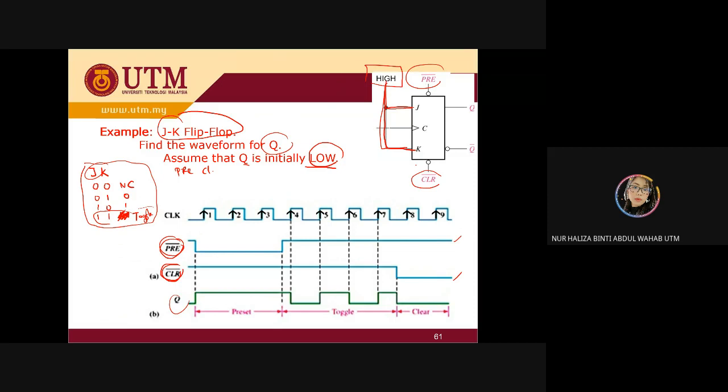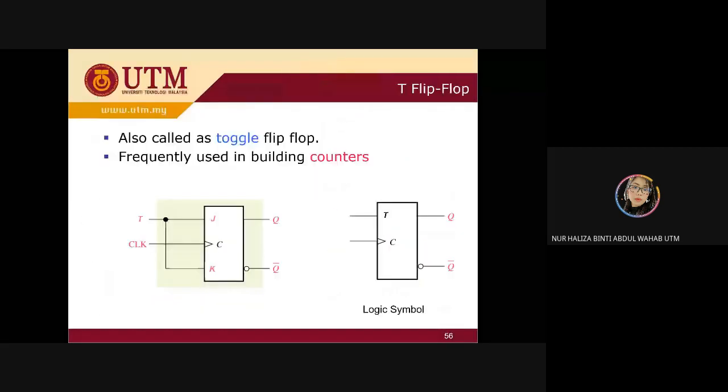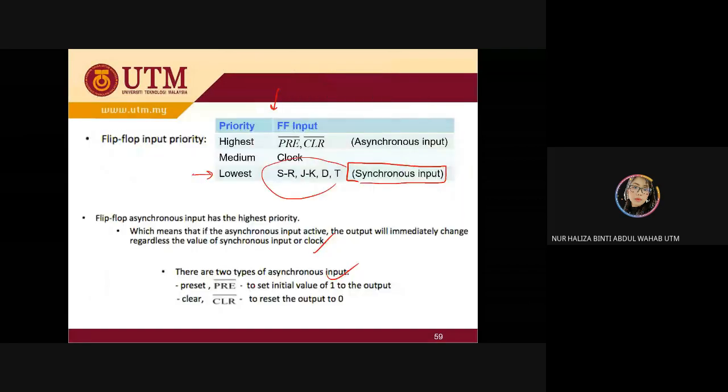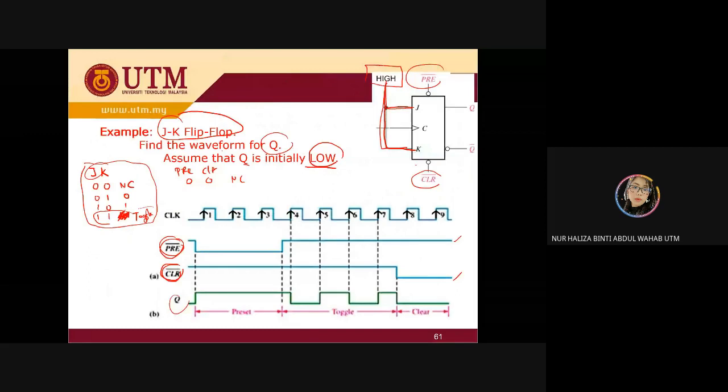Pre and clear. 0, 0 invalid. 0, 1 is set. 1, 0 will be reset, and 1, 1 you need to look into your table here.